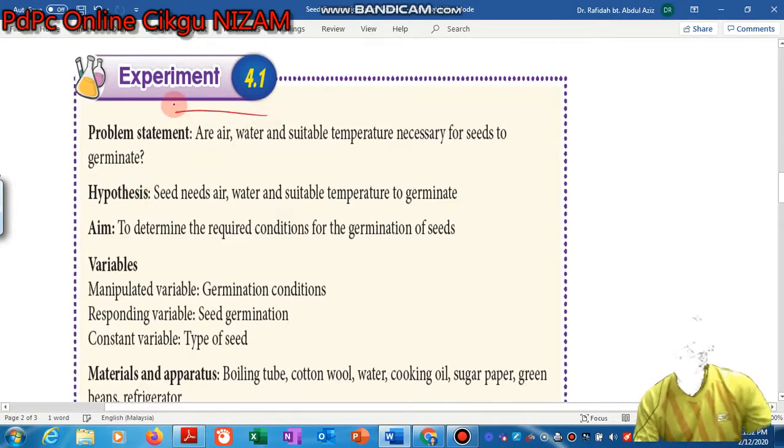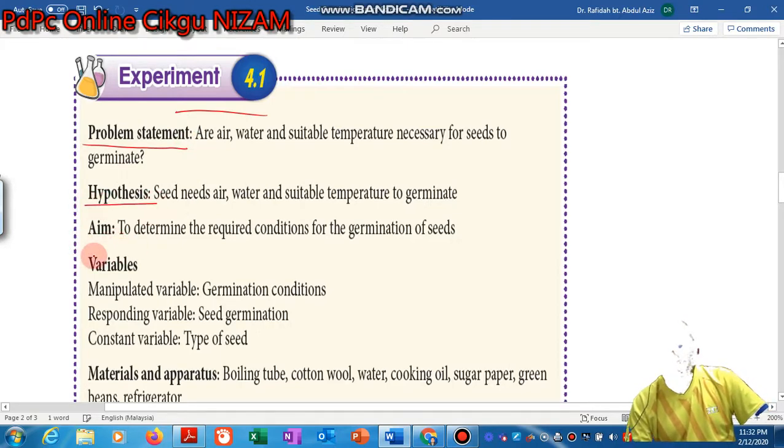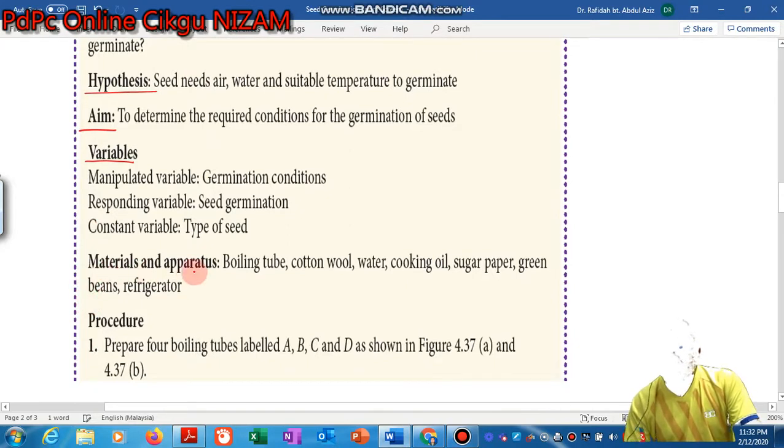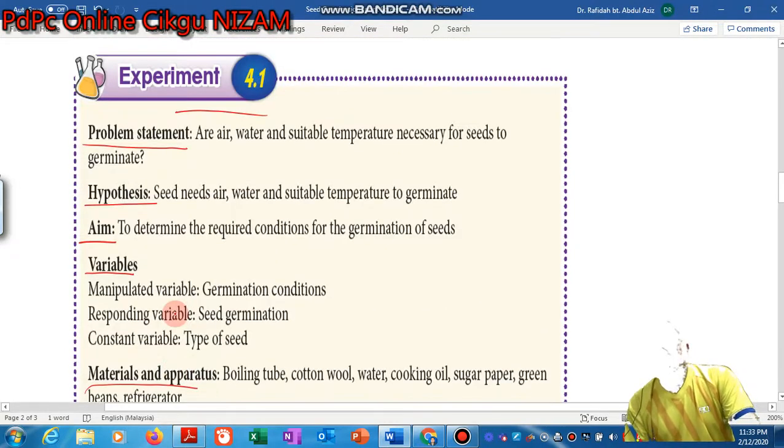So based on the format in conducting an experiment, we must have problem statement, hypothesis, aim or objective of this experiment, variables, materials and apparatus, procedure, and the observation or the result of this experiment. So we will discuss about this experiment right now.